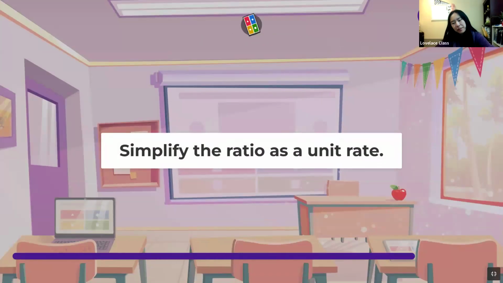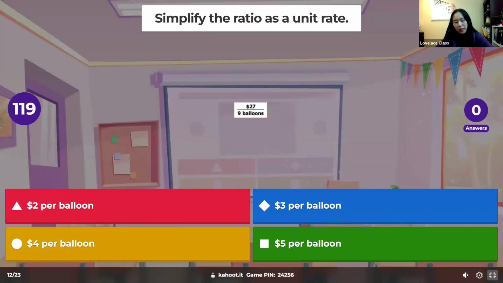Another unit rate problem. Unit rates are a very common problem that we deal with. Don't misclick because I know you guys know how to do this.